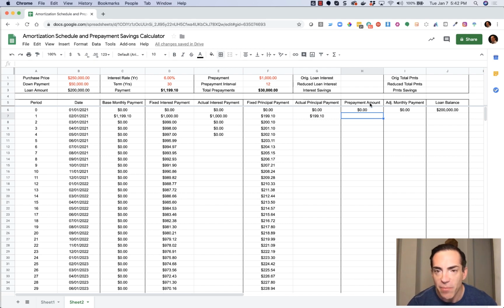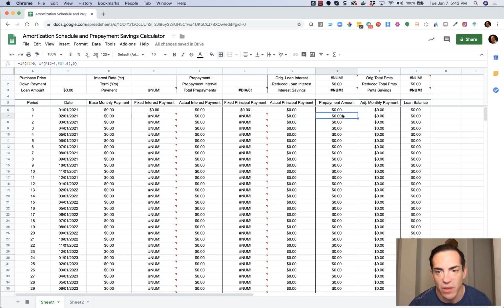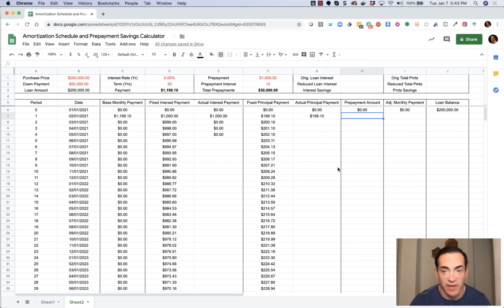So, okay, and then prepayment amount, this is a little more complex formula. The reason I say it's more complex is because of the way we structured this, as I'll show you. The formula has changed from month to month over the course of a year. This whole thing is based on the assumption that you're not going to select a prepayment interval greater than 12.